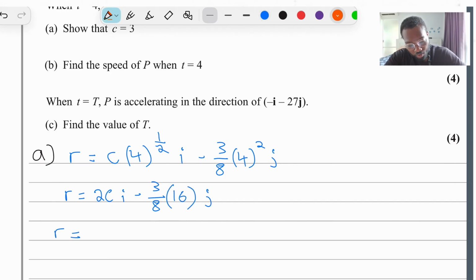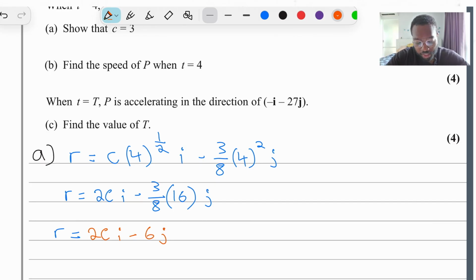That goes to 2c i, and then minus 3 times 16 is 48, over 8 is minus 6j. So now that at t is equal to 4, we know the position vector is going to be 2c i and minus 6j.